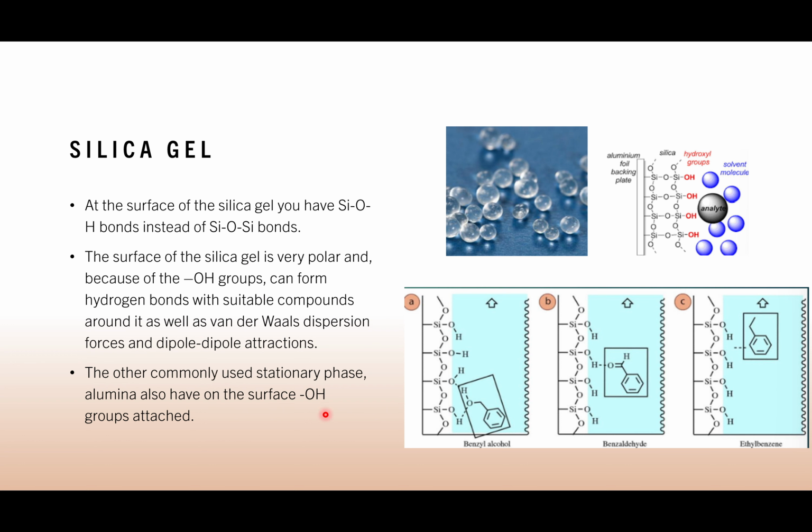Other commonly used stationary phases like alumina also have surface OH groups attached. These OH groups can really interact with polar solvents. If it is non-polar, it will move past fine. If it's polar, it's going to take a long time to move through.